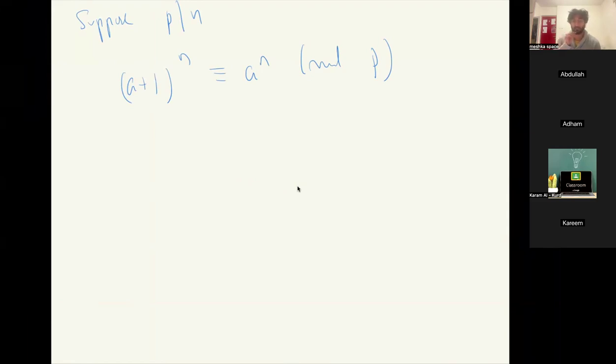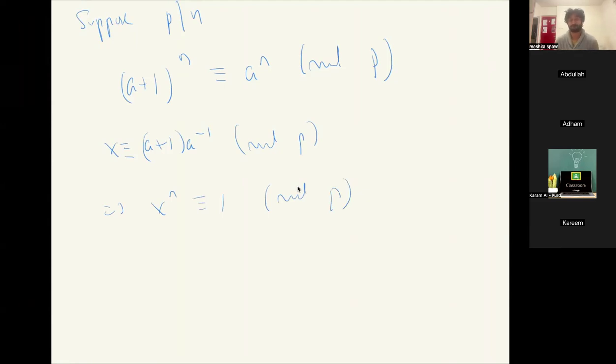A and a plus 1 are coprime, so they cannot both be divisible by p. So neither is divisible by p, and we can take inverses. We can say x is equal to (a plus 1) times a inverse mod p, and it tells us that x to the n is congruent to 1 mod p.